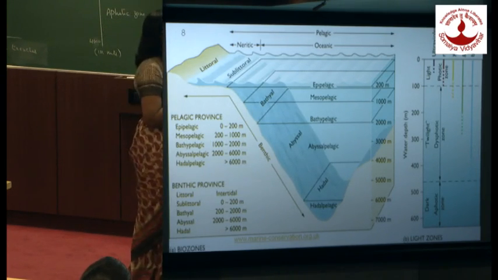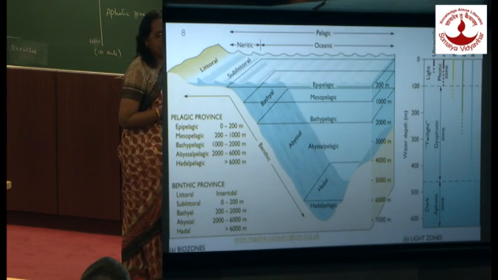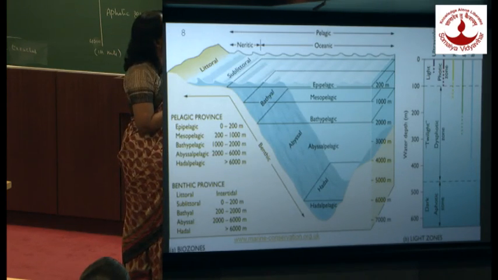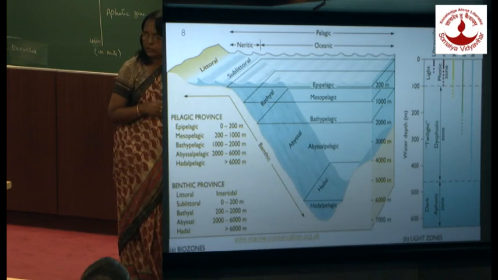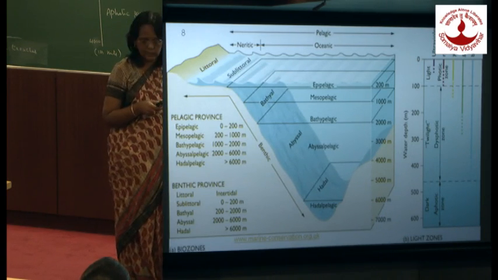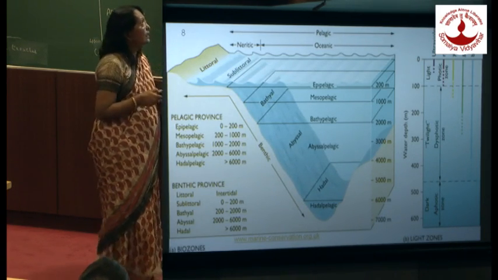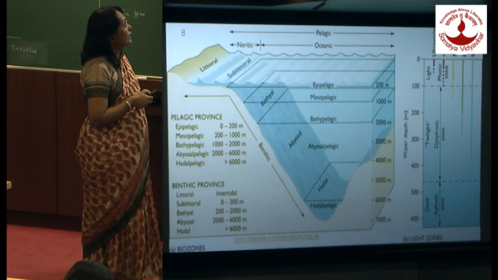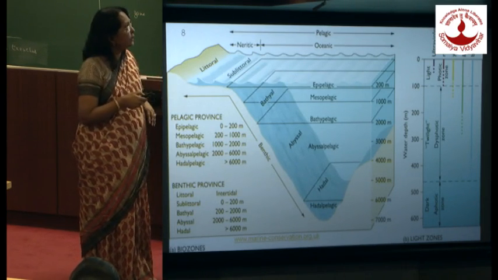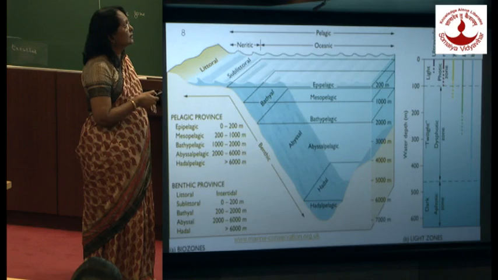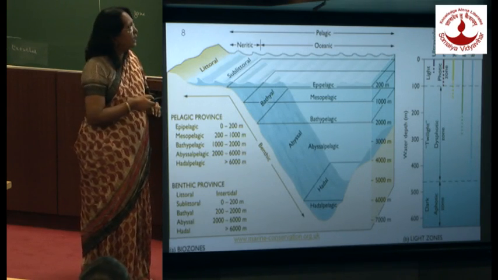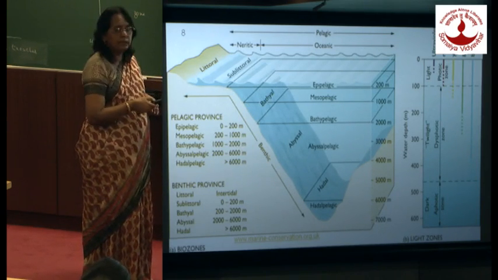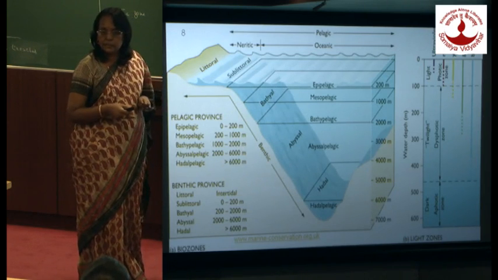Next division is based on depth of the water. Okay, so how is that divided? That is divided as epipelagic, some 200 meters. Mesopelagic is the mid layer. Bathypelagic is bottom, and abyssopelagic is quite deep.